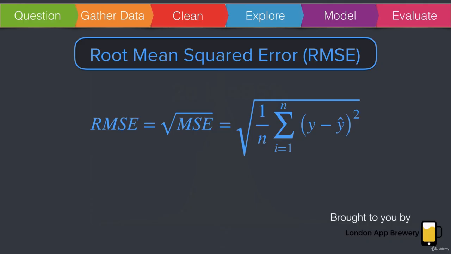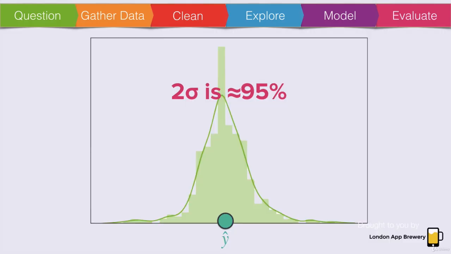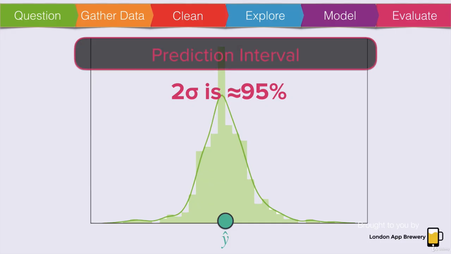The root mean squared error is 1 standard deviation in the distribution of our residuals. So let's look at the chart again. To create our range around our estimated price, our so-called prediction interval, the first thing we choose is how wide we want that interval to be. Say we want to cover around 95% of the observations.